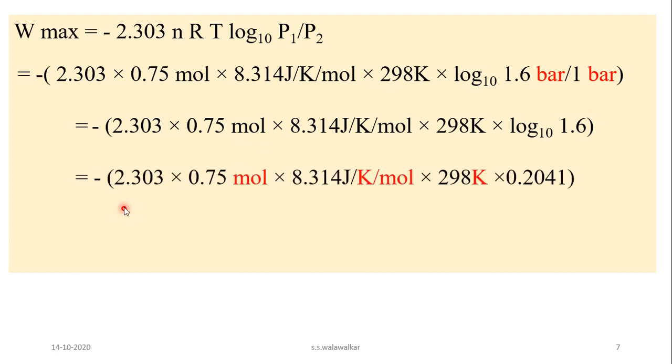So minus 2.303 into 0.75 into 8.314 joule per Kelvin per mole. Here mole cancels, Kelvin cancels, into 298 into 0.2041. That is the log of 1.6.